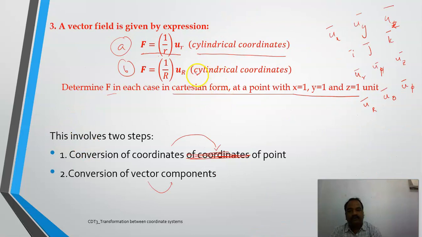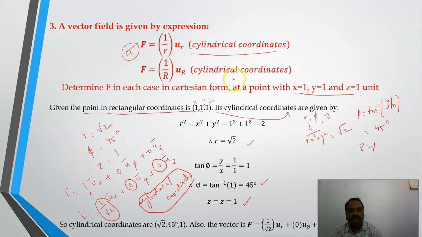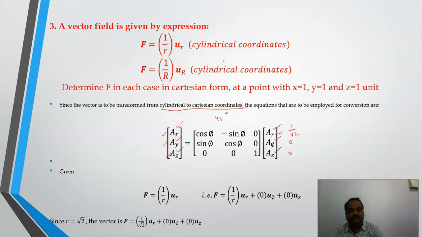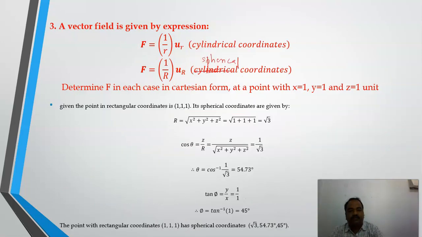Yeah, this is also in spherical. Because it is in capital R, right? So this is a spherical one. So I am going to change this one to spherical. So now this vector, this is case number B. This is in spherical format. Now you are supposed to convert it into Cartesian format.